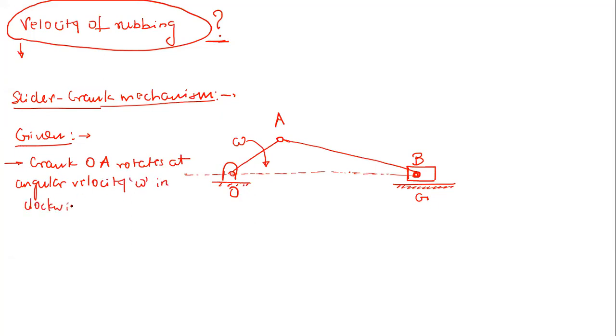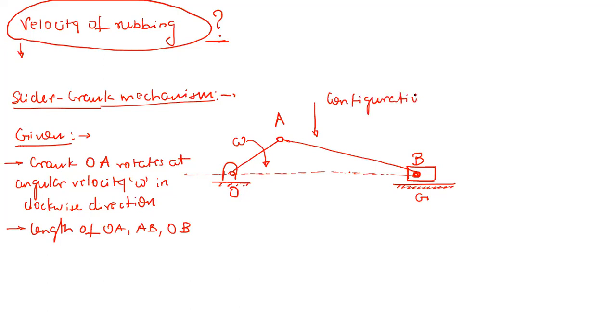Lengths of links are also given: length of OA, AB, OB. We can simply measure them from the configuration diagram. Always remember these diagrams are generally referred to as configuration diagrams. You can call them position diagram, configuration diagram, whatever you wish. So these are the given.